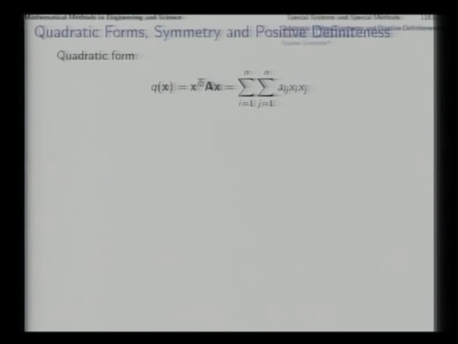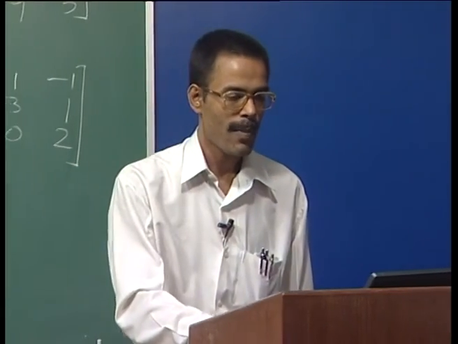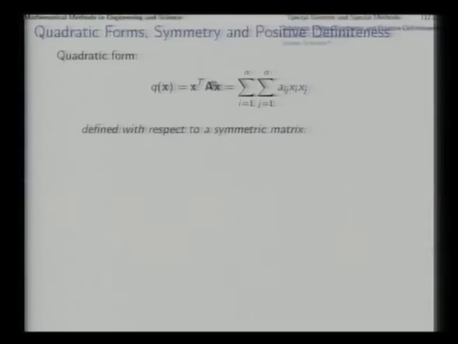Such matrices appear enormously in practice in science and engineering. For example, the stress tensor and inertia tensor are all represented with symmetric matrices. So, this is always defined with respect to a symmetric matrix.